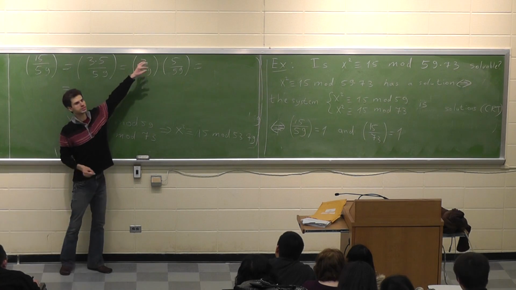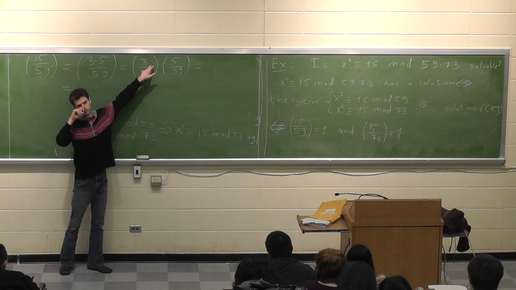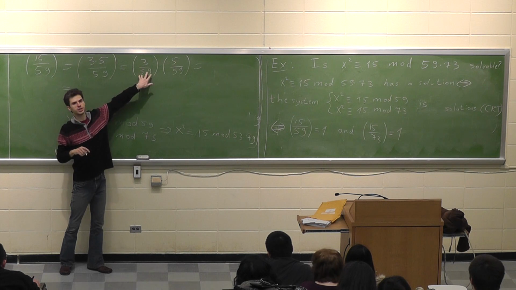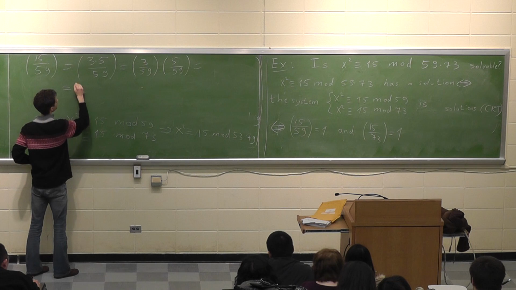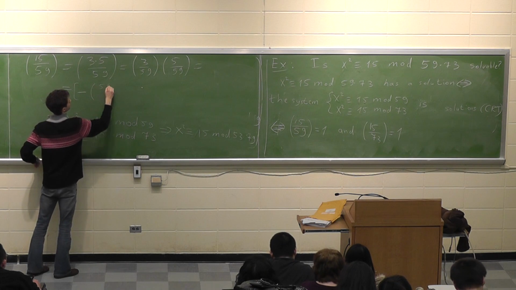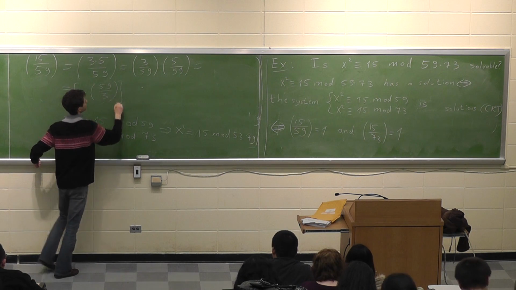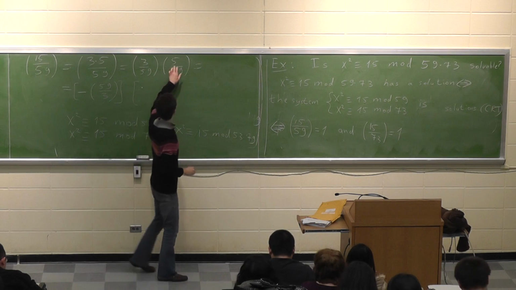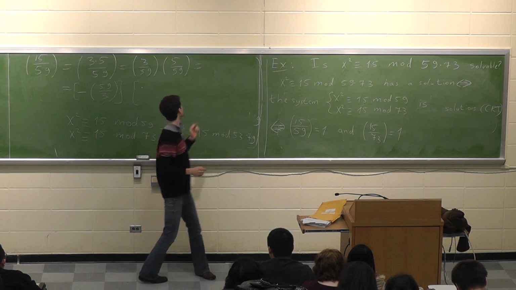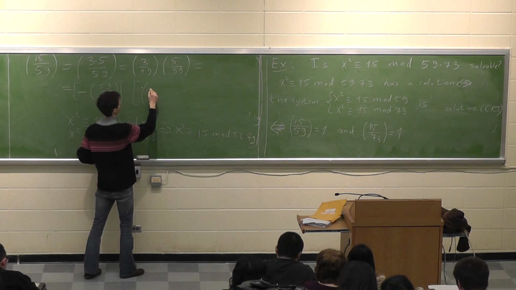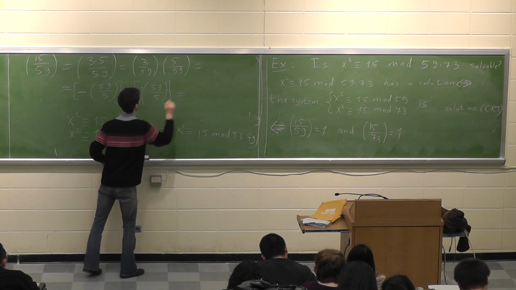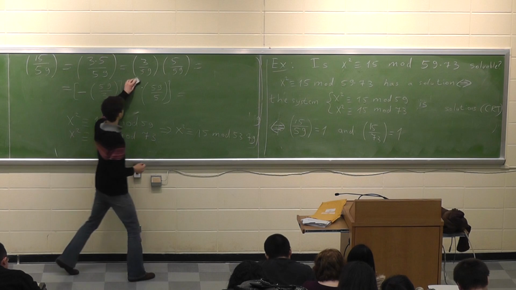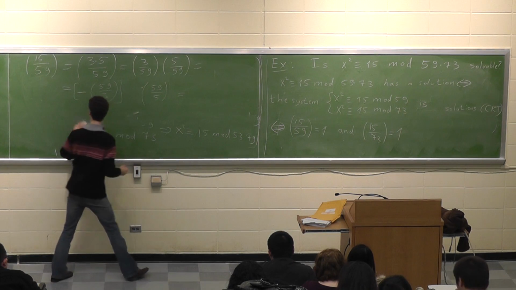We have primes: 3 is minus 1 modulo 4, and 59 is also minus 1 modulo 4. So this is minus 59 over 3, times 5 is 1 modulo 4. So here I don't need a minus sign, just 59 over 5.